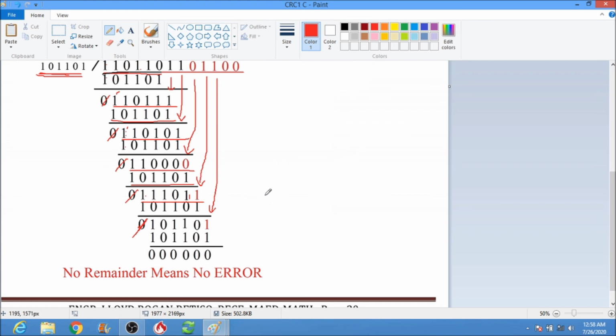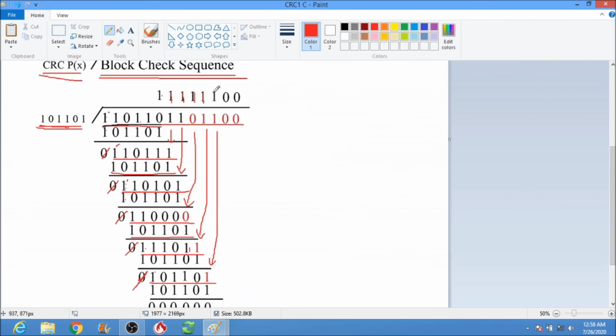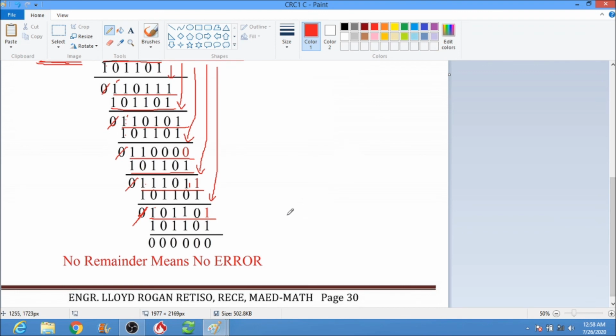The next, we have the last dividend. So we have 1 as the most significant bit, so we write there 1. Then multiply to our divisor. Of course, the divisor is unchanged. So we have 1, 0, 1, 1, 0 as your divisor.